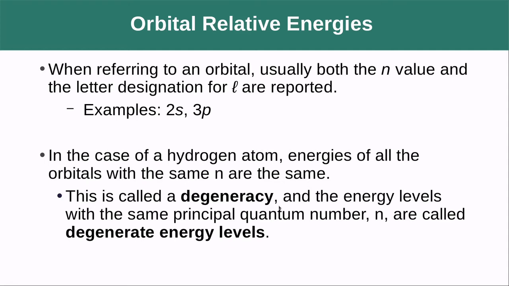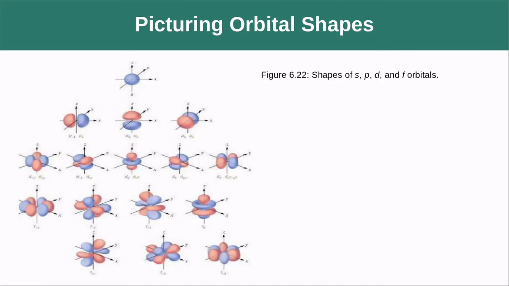So what that really means is if we come back here, for the p's, for instance, we have L equals 1. We're going to go from negative L to positive L. So at negative 1, you're going to have your px orbital.